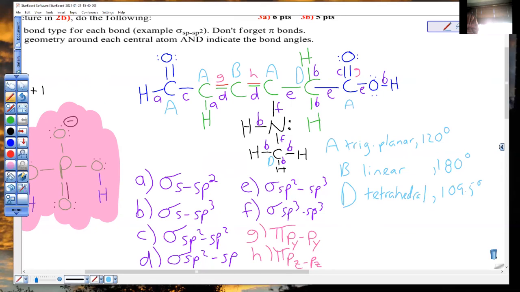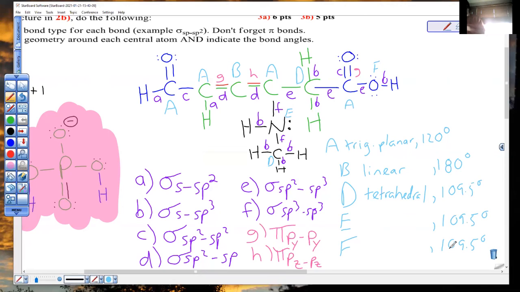There's two other atoms that are 109.5 because they're sp3, but don't give them the same label. The angle, 109.5 for that, and 109.5 for my not yet labeled F, because they're sp3. Everything that has an angle of 109.5 is sp3.